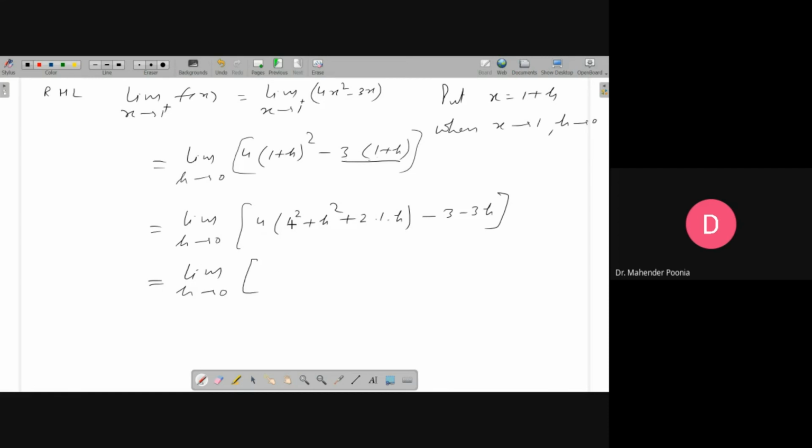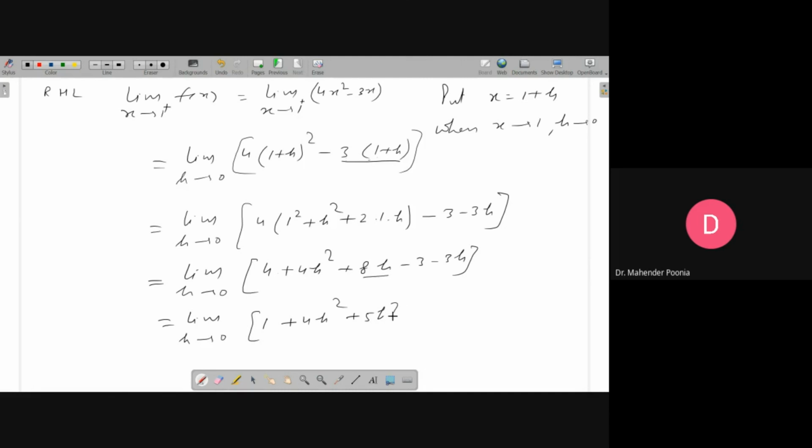Limit h tends to 0 of 4 into 1 square. 1 square is 1, so 4 into 1 is 4, plus 4h square, 2 into h is 2h into 4, 8h, minus 3 minus 3h, which is equal to limit h tends to 0 of 4 minus 3 is 1, plus 4h square, 8h minus 3h is plus 5h.